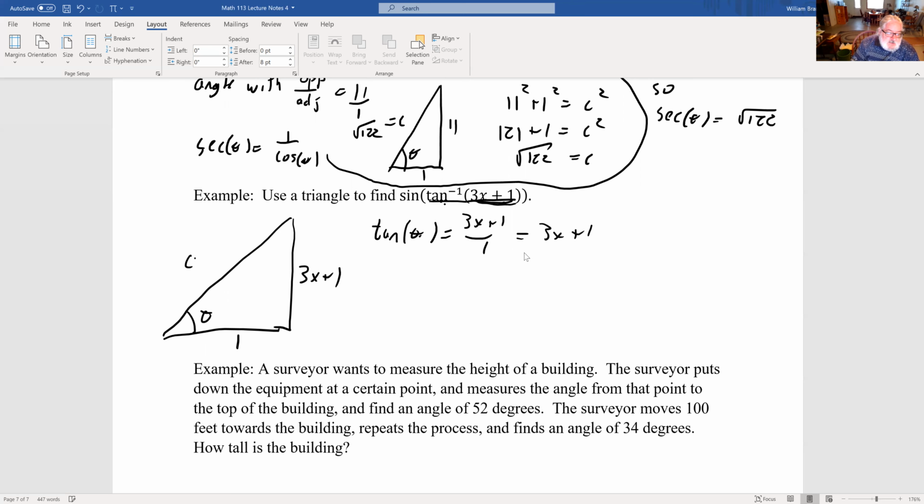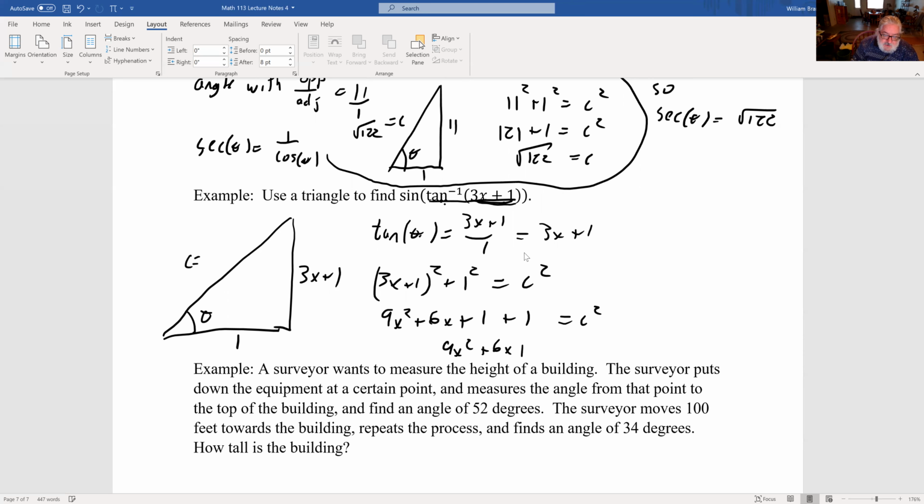Well, that means that I need to know what c is. But that's just Pythagoras' theorem again. 3x plus 1 squared plus 1 squared equals c squared. Multiply this out, you get 9x squared plus 6x plus 1 plus 1 squared, which is 1, equals c squared. 9x squared plus 6x plus 2, which doesn't factor in any nice way, but we want the square root of that, and that will be c.